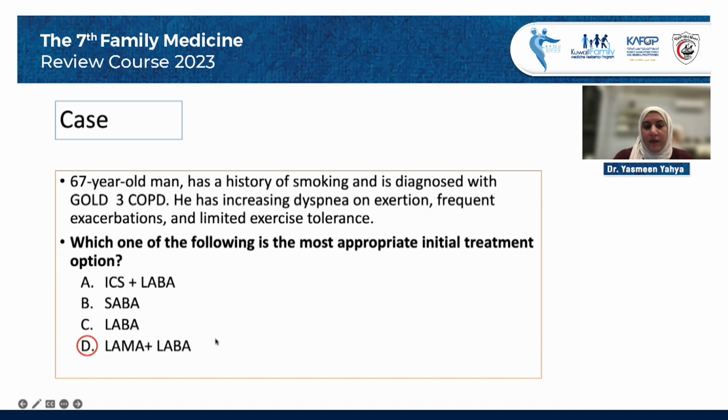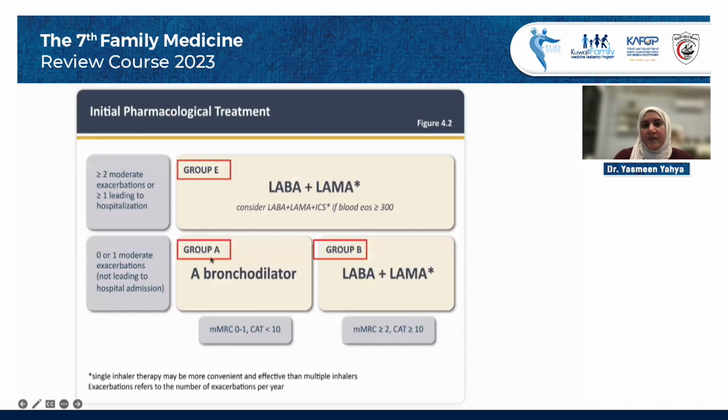Actually, it's LABA and LAMA. How do we know this? By this graph. This graph tells you what's the initial pharmacological treatment for each group of patients. So for group A, those who have few symptoms and no exacerbations or few exacerbations, a bronchodilator is the initial treatment option. For group B, we will have LABA plus LAMA.